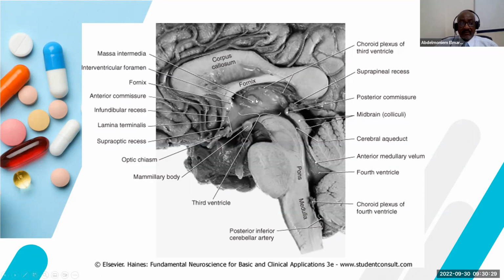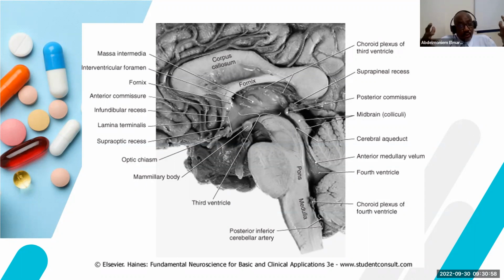This is open, of course, because it's actually the space between the two cerebral hemispheres. And actually there are two very important pieces of information here about the third ventricle. The lateral walls of the third ventricle are actually made of the diencephalon. So the thalamus and hypothalamus make the walls. And why is that important?